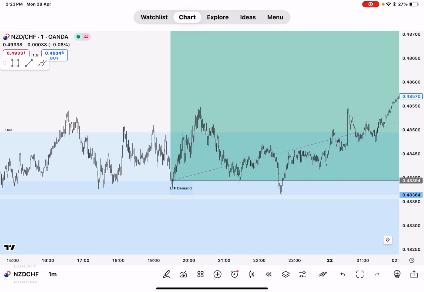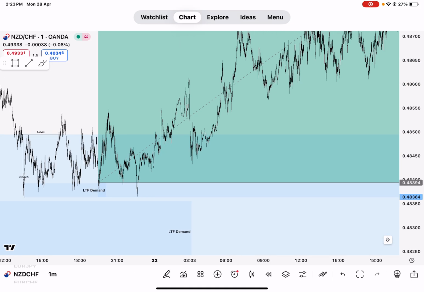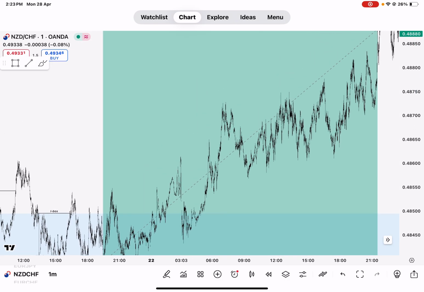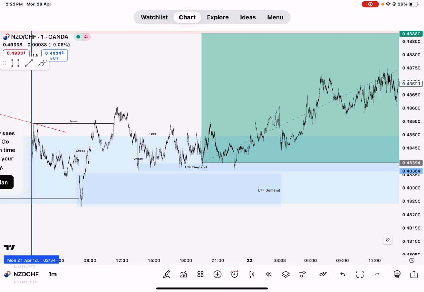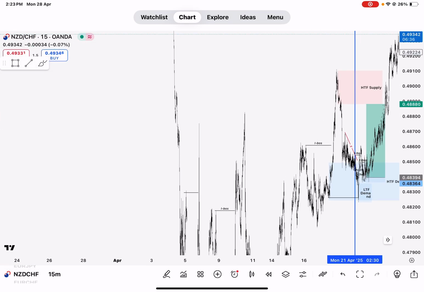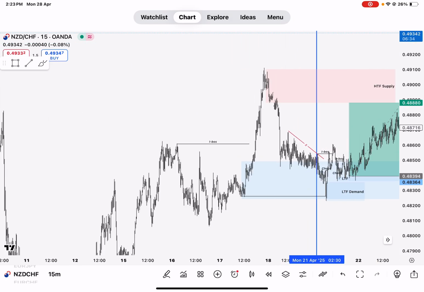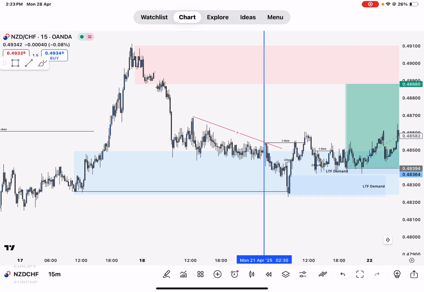I properly analyzed it and I took my entry. So this was a trade. I haven't traded this, but this is how you can also trade in life, by proper analysis, not doing random stuff.